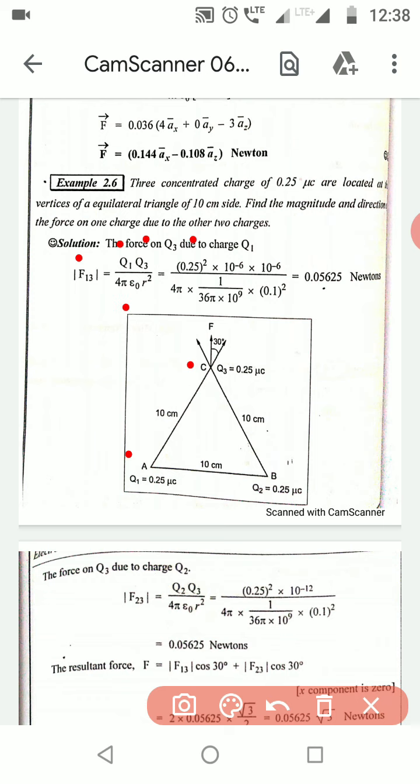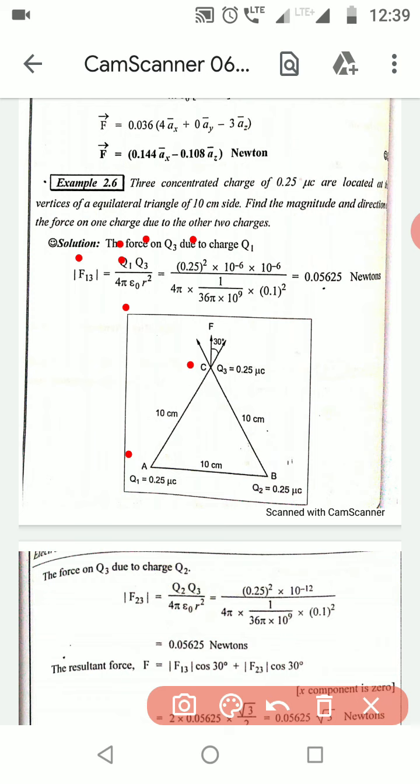q1 is 0.25. Okay, here the unit is microcoulomb. That's why we use 0.25 into 10 raised to minus 6, and q3 is also 0.25 into 10 raised to minus 6.